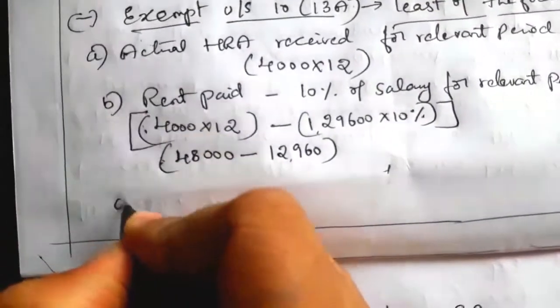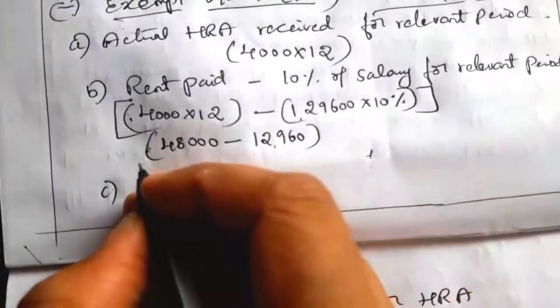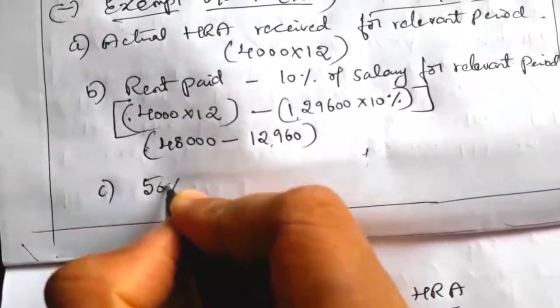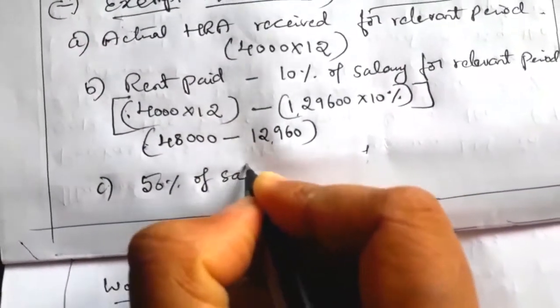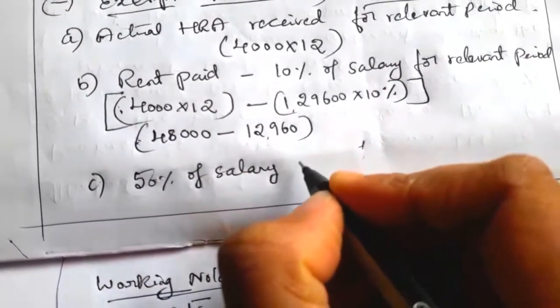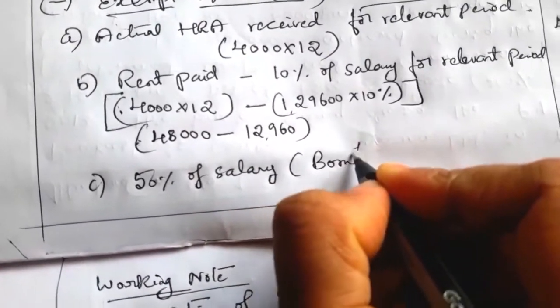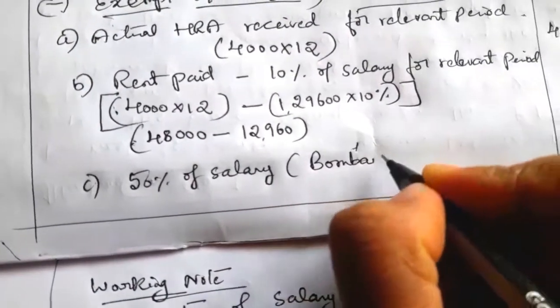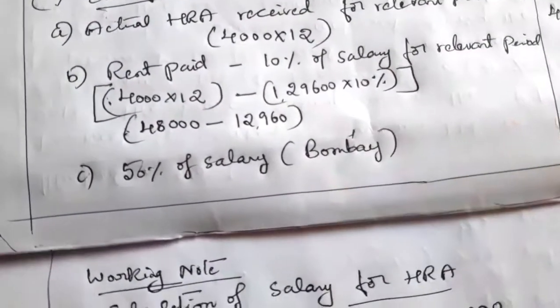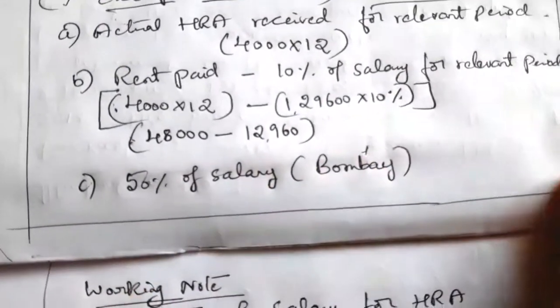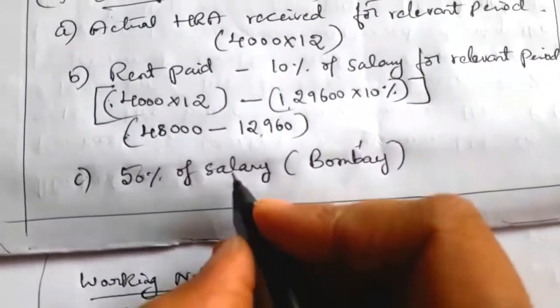And the third criteria is we have to take 50% of salary, because the place given here is Bombay. Mumbai, formerly known as Bombay, is a metro city, so 50% of salary.